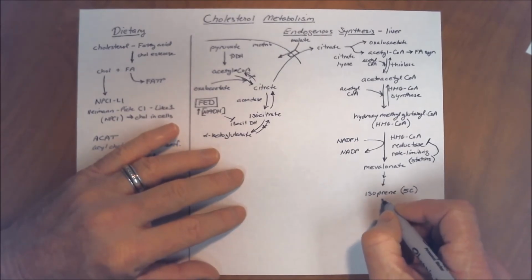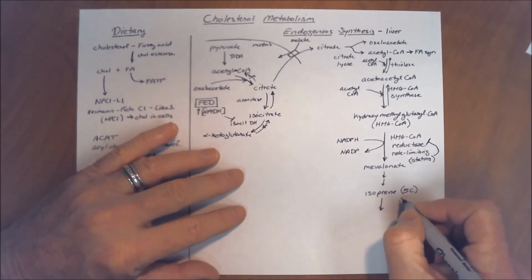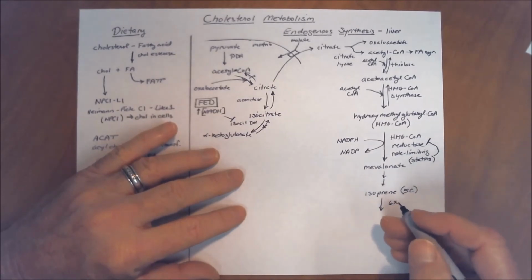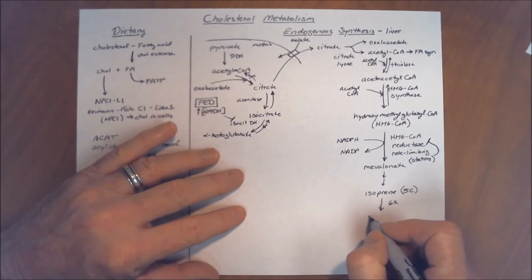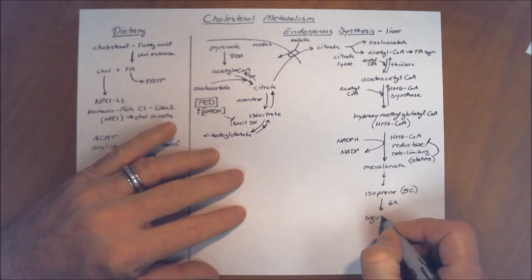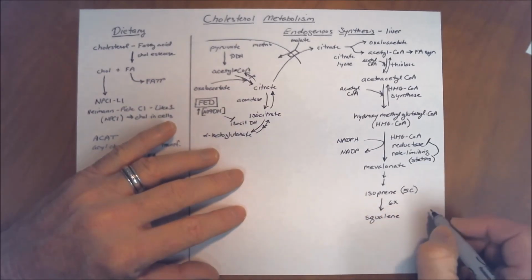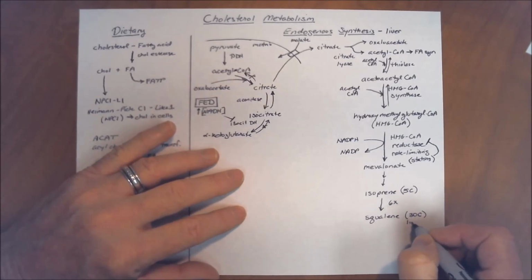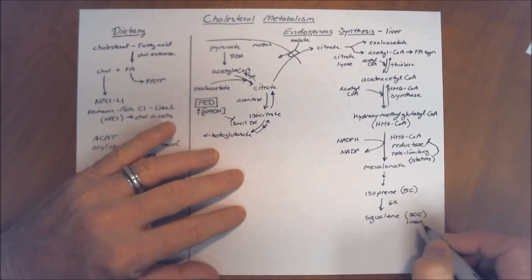We are going to take 6 isoprene units in a series of steps, and we are going to be making the molecule called squalene, which is a 30-carbon linear structure of carbons.